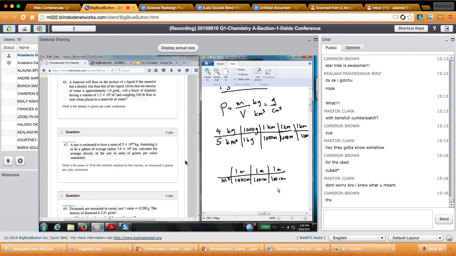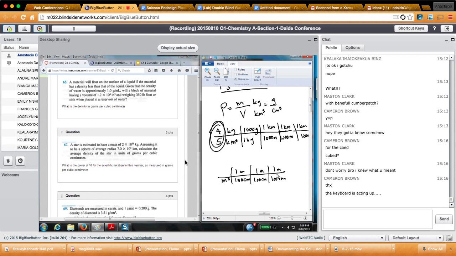So I would take my answer, whatever my density is, multiply it by 1,000, divide by 1,000, divide by 1,000, divide by 100, divide by 100, divide by 100, and that is my answer. It's going to be a very small number. Actually, it might be a big number, I'm not sure, because the density of a star is pretty big to begin with. Look at that mass: 2 times 10 to the 36 kilograms.